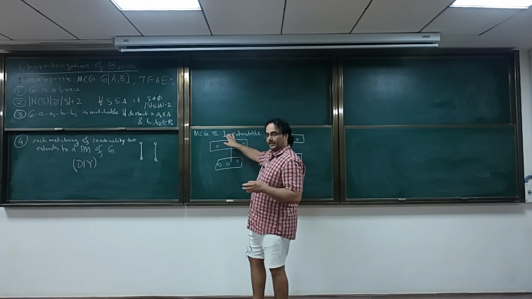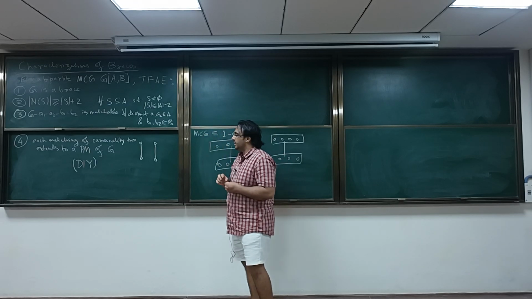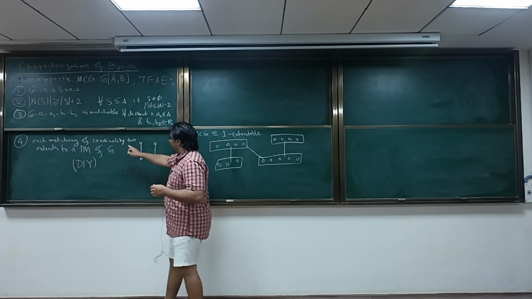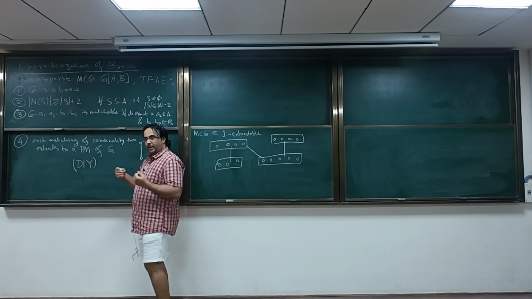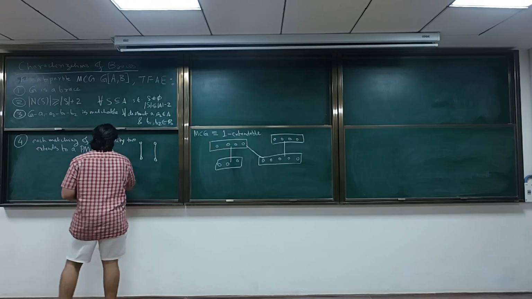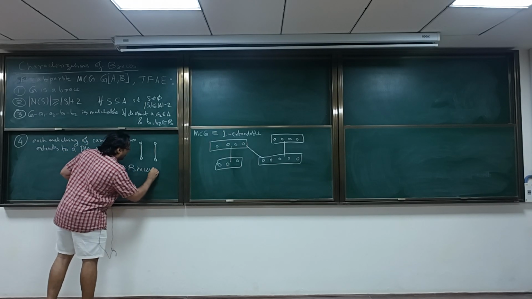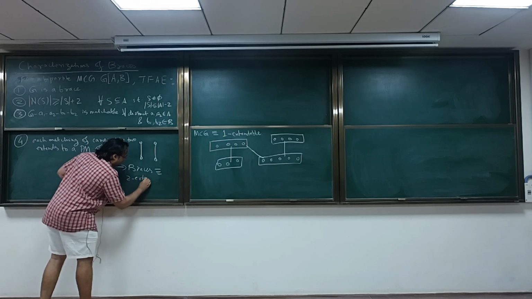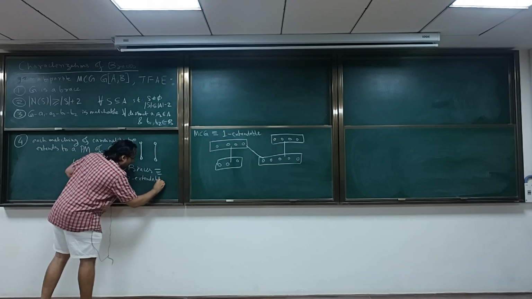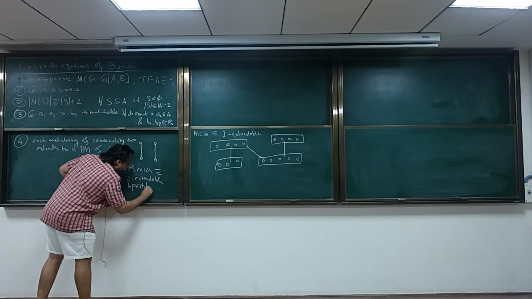But matching covered graphs historically have been called 1-extendable graphs. Because of this reason, braces are bipartite 2-extendable graphs. So this is the reason why braces in the literature have also been called 2-extendable bipartite graphs.